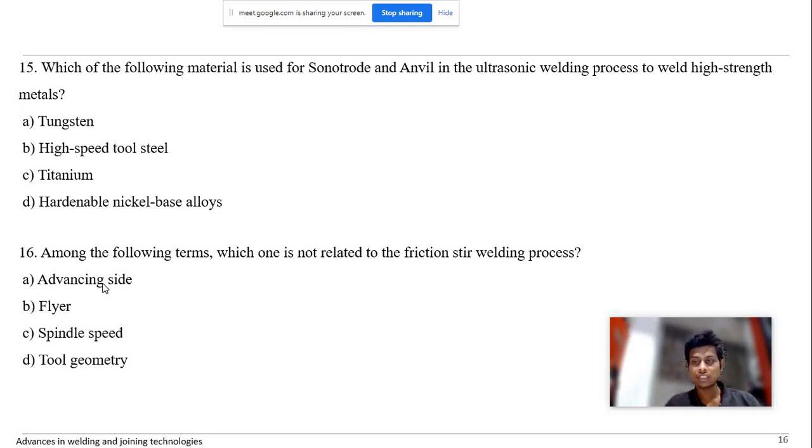In friction stir welding there are the advancing side and retracting side, spindle speed, meaning with what velocity we are rotating the spindle, and also tool geometry, like whether we are using the threaded portion of the tool pin, or the cylindrical portion or tapered portion, or tapered threaded. That is also an important thing. So flyer will be the answer, as it is not related to friction stir welding.